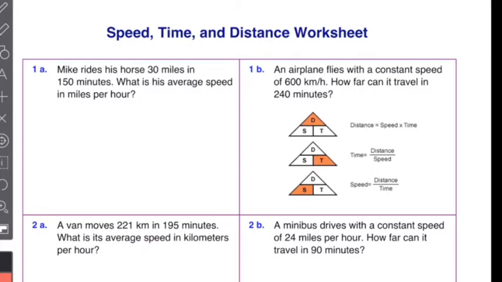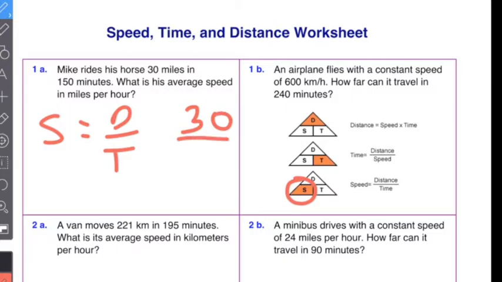So for the first one, it says Mike rides his horse 30 miles in 150 minutes. What's the speed? So again, speed is distance divided by time. So we already know the distance, which is 30 miles. The time is 150 minutes, but you need to convert that into hours.